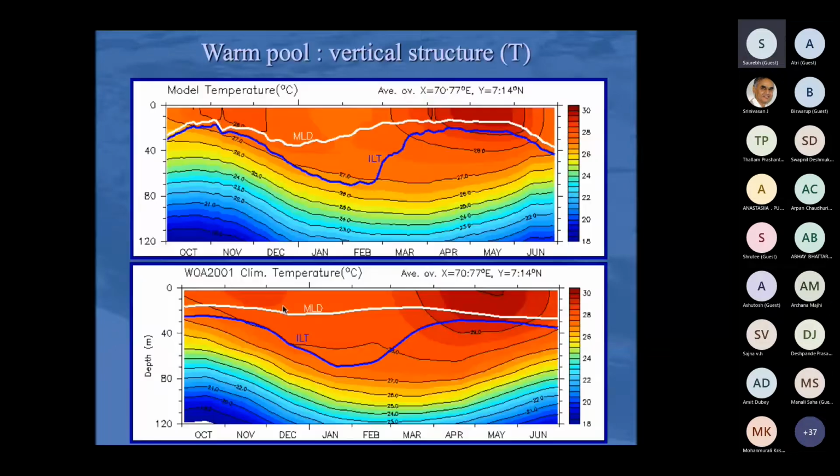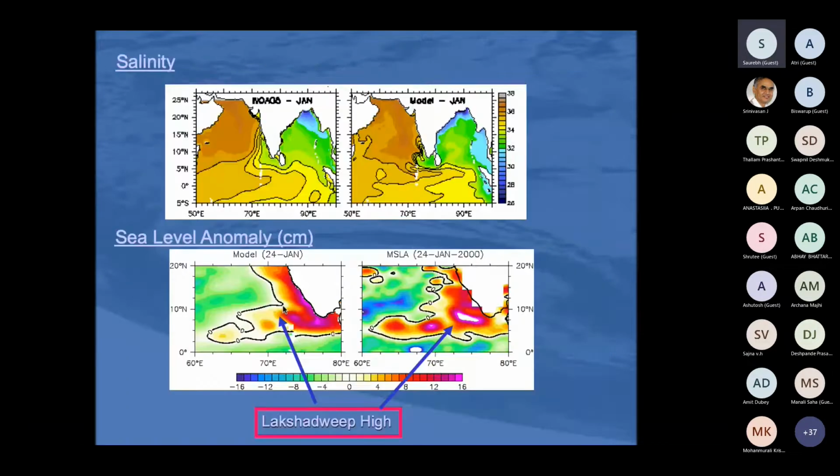Now, there has been some hypothesis about why it forms. One such hypothesis was that in this region, the salinity is low. This top left figure shows the salinity during the month of January.